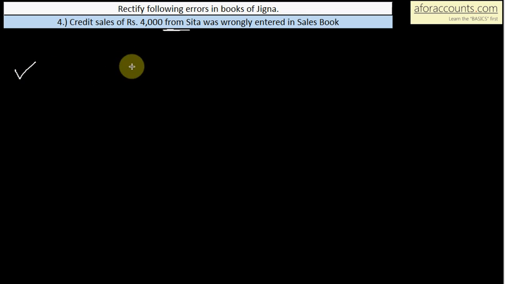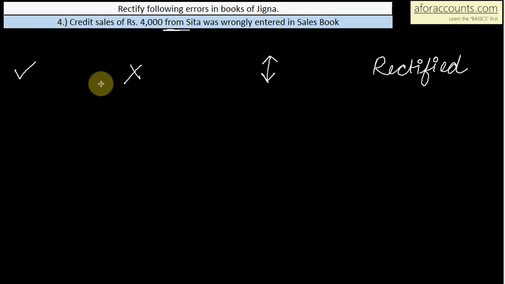So right entry, wrong entry, reverse entry and your rectified entry. Okay, so your purchase account debit because you have purchased goods worth rupees 4000 from Sita. Purchase account debit to Sita. Goods worth rupees 4000.